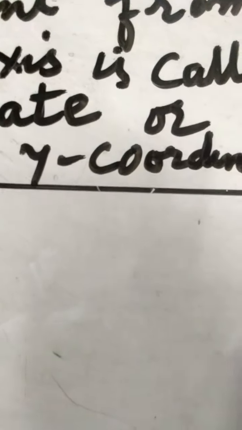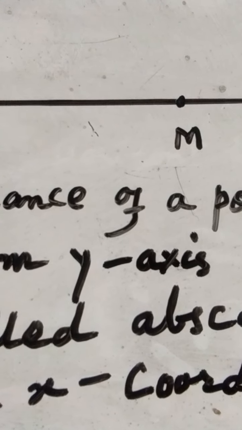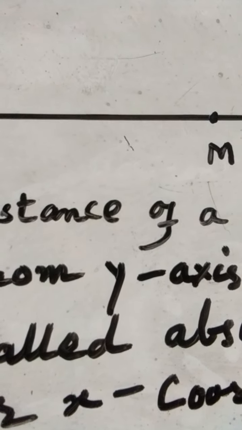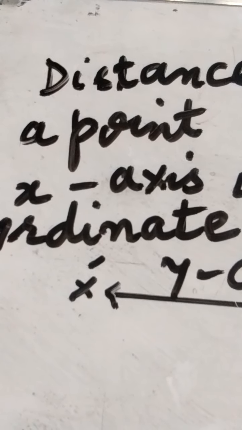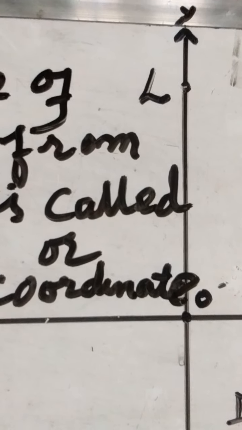Now two terms you have learned over here, that is abscissa and ordinate. Abscissa is the distance of a point from y-axis, where the point is situated on x-axis, and ordinate is the distance of a point from x-axis, where the point is situated on y-axis.